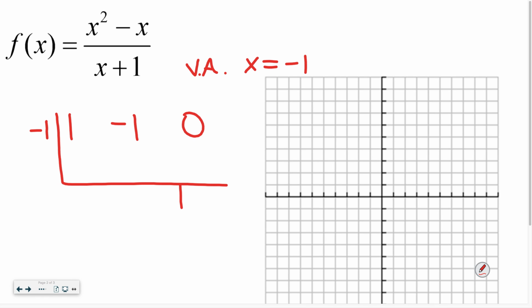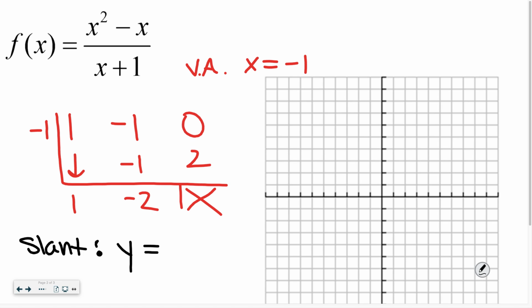Right? Okay? So we're going to bring down the 1. 1 times -1 is -1. We add to get -2. That remainder doesn't matter. I know there's a remainder, but we don't care about it. Our slant asymptote is y equals, our quotient is 1x minus 2.